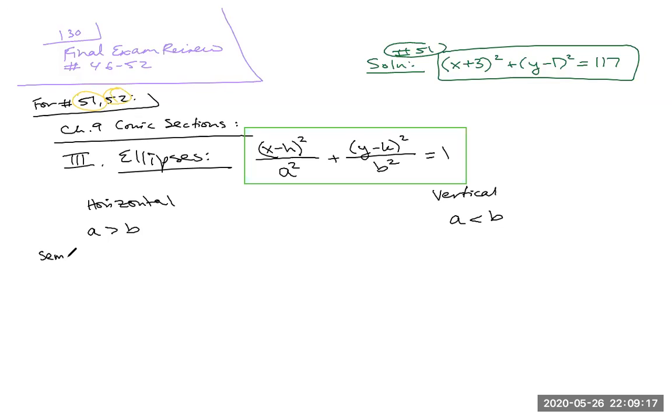So also let's introduce a little vocab: semi-major axis, semi-minor axis. So let's think about a horizontal ellipse. Let's see if I can draw one of these.